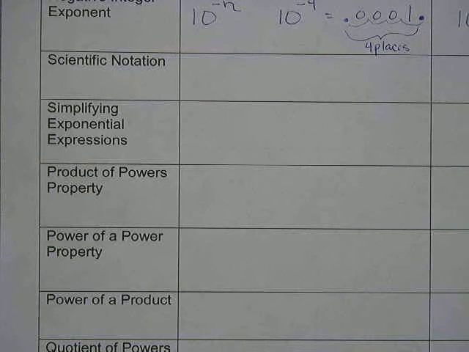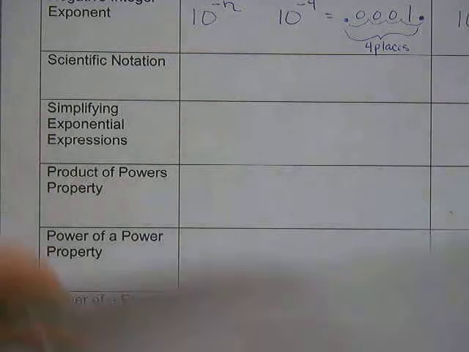And I'm really not sure how much scientific notation you've done in science so far, but scientific notation is a method of writing numbers so that very large or very small numbers can be written in an accurate way without losing a decimal point.